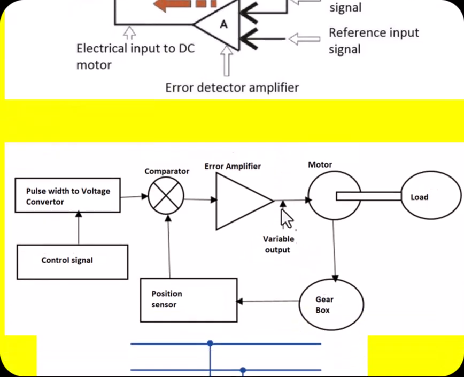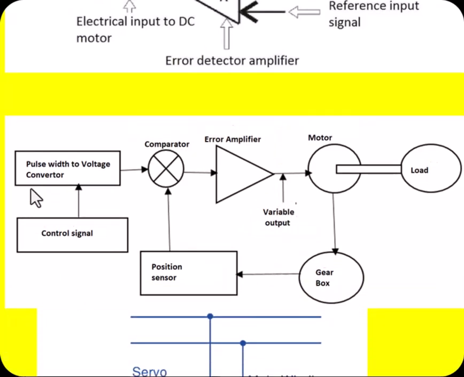The same arrangement can also be drawn like this: pulse width to voltage converter, control signal, comparator. The comparator is nothing but an error detector, and then there is an error amplifier, then a variable output, then the motor whose shaft position is to be controlled, and the shaft is connected to the load.